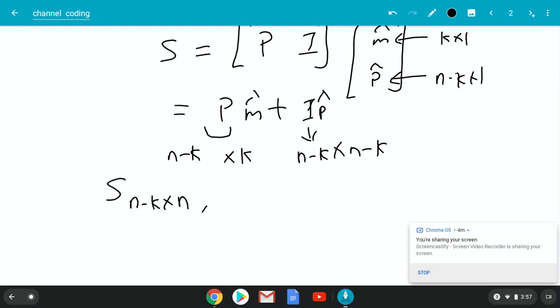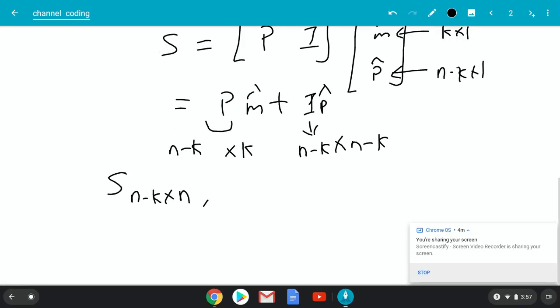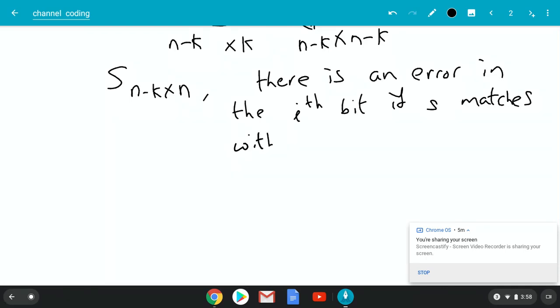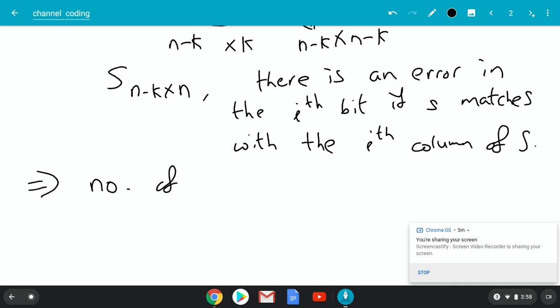And then we are saying that there is an error in the ith bit if small s matches with the ith column of capital S. So the number of locations you can actually correct is equal to the number of columns in S, right?